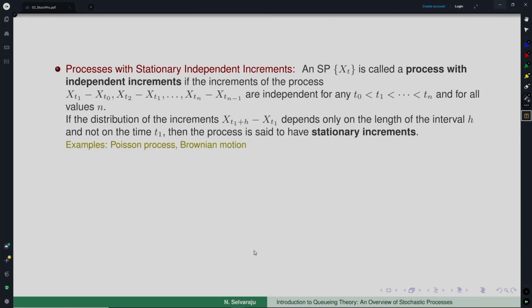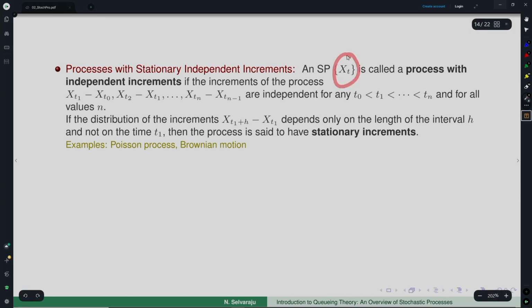Then comes a process which is also relevant for our studies. I would highlight which are the processes more relevant to our studies while making these classifications. A stochastic process is said to be a process with independent increments if the increments of the process are independent. What do increments mean?